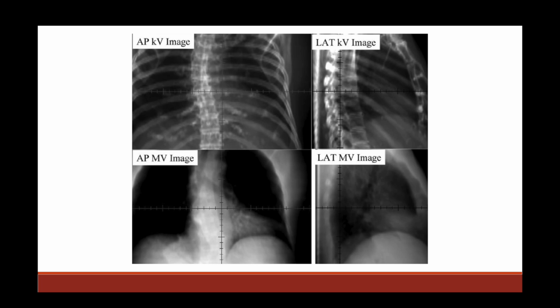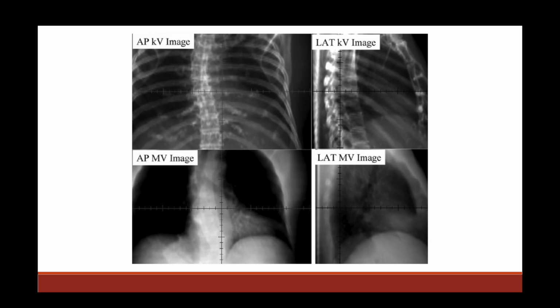KVs are lower energy, but they are much better at highlighting bone because they are more dependent on the Z, or the atomic number, of the material that we're imaging. So KV images are better to image bone. So if you're trying to treat something in the spine and you're trying to do something simple, a KV image is good to line up to the bone.